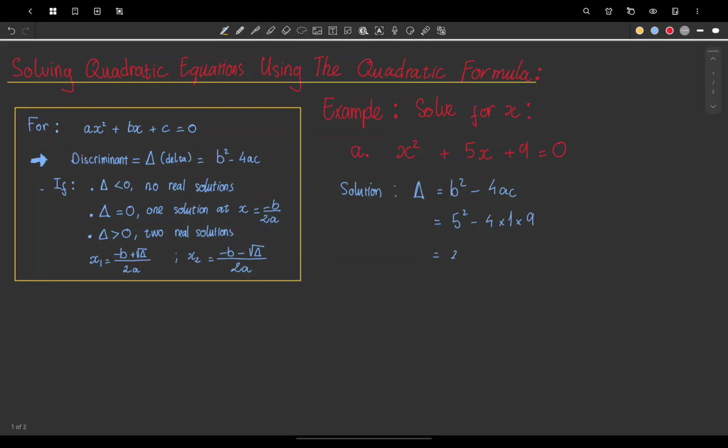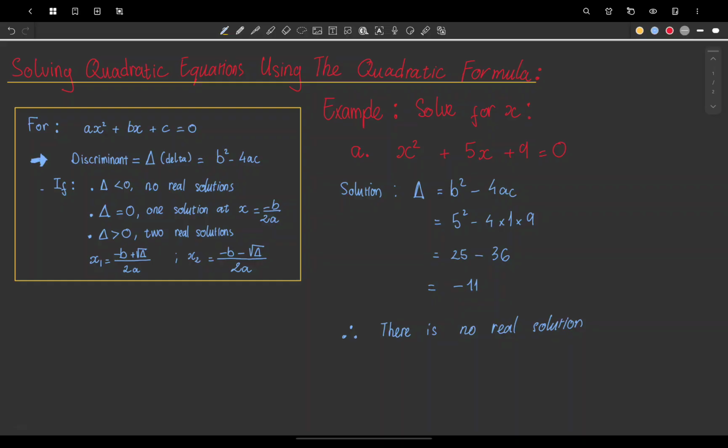We will have 25 minus 4 times 1 times 9, which is 36. So 25 minus 36 is going to be negative 11. Therefore, we can just conclude that there is no real solution. Okay?